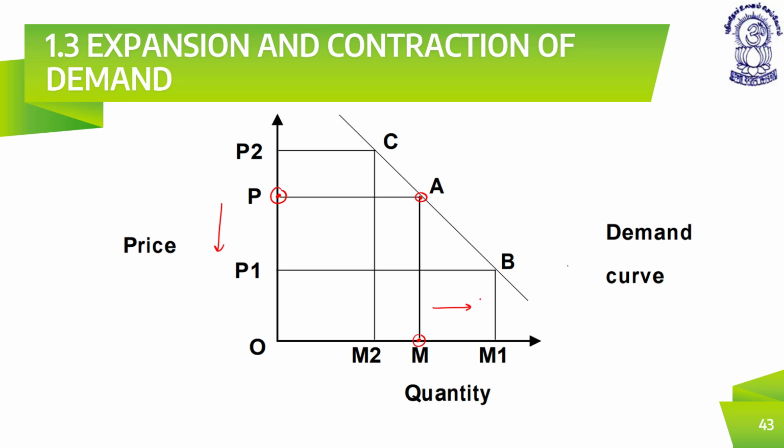This is known as expansion of demand. And talking about the contraction of demand, because the price has gone up from P to P2, there is a fall in the quantity demanded from M to M2. This is x-axis, this is y-axis. This is demand curve.